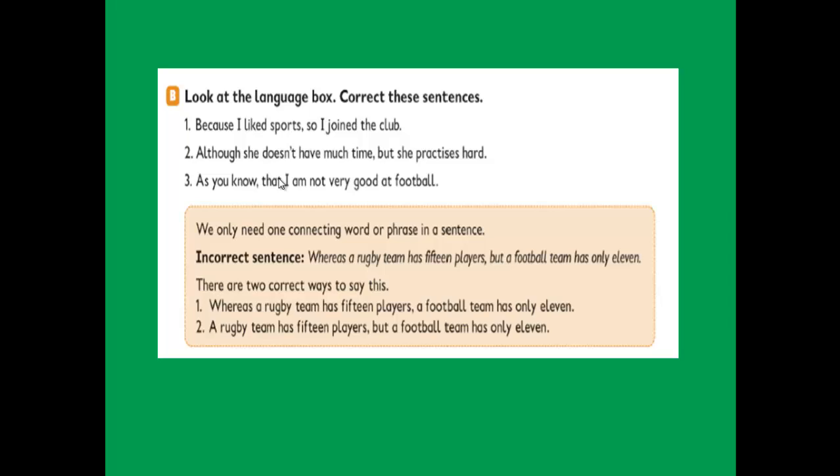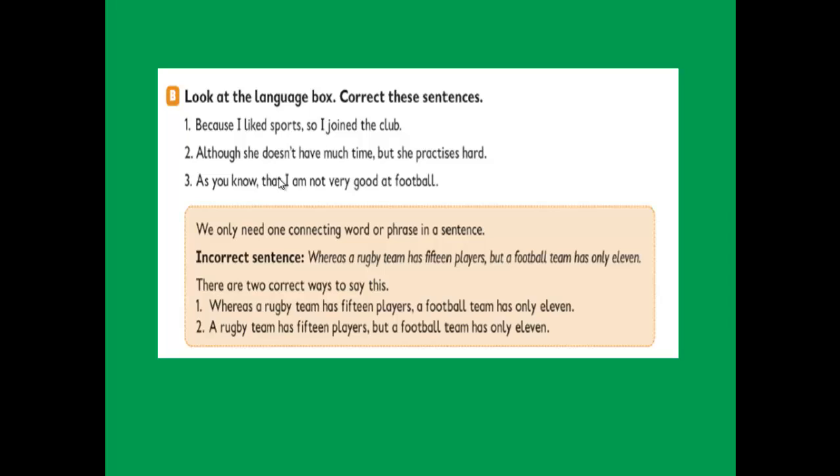So first of all, I want to read the study books or the language books. Then we can correct the previous 3 sentences. We only need one connecting word or phrase in a sentence. Here we have to focus on one, so there is no need to use 2 connecting words.